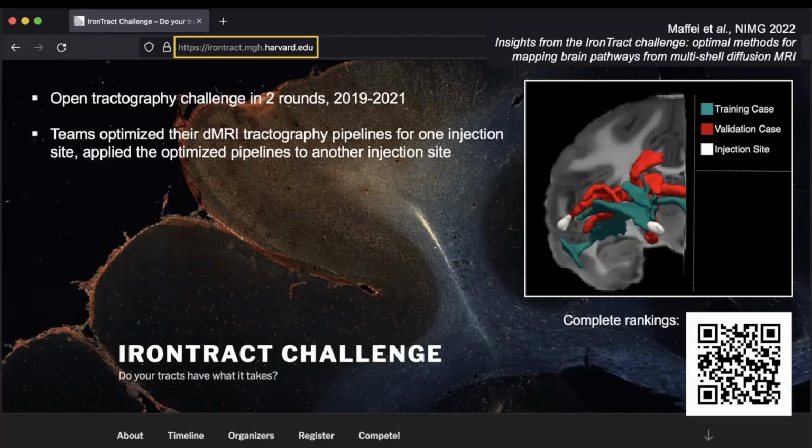That's the IronTrack Challenge, where teams of diffusion tractography developers from all around the world optimized their pipeline, starting all the way from pre-processing to tractography, by comparing their accuracy of the tractography against the tracer injection pathways inside one brain, and then applied the optimized pipeline to another injection site and another brain to see how robust that optimization and the optimal parameters were when we were looking at seeding in different parts of the brain.